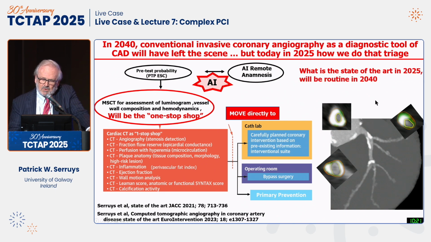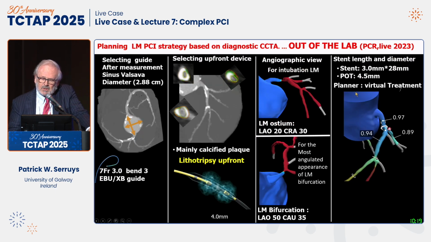This is a case that we did last year in the PCR. We were selecting the guide after measurement of the sinus of Valsalva, 2.88 centimeter. We were selecting upon the device because of the main calcification at the end of the main stem, with lithotripsy up front.